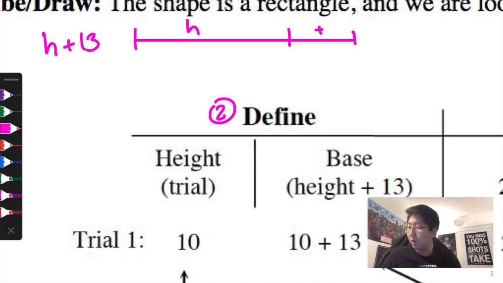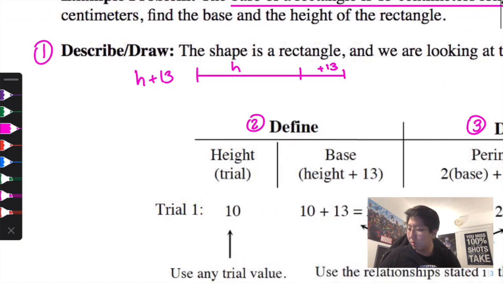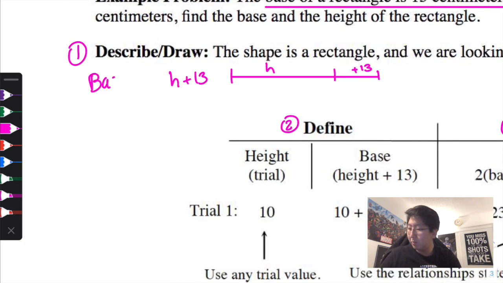This is what we already worked on. This is referring to the base. We're describing the base, and the height is not described, so we just know that it's h.